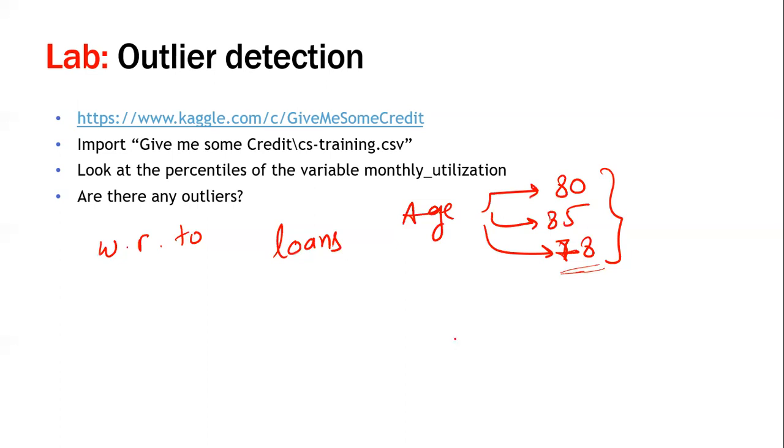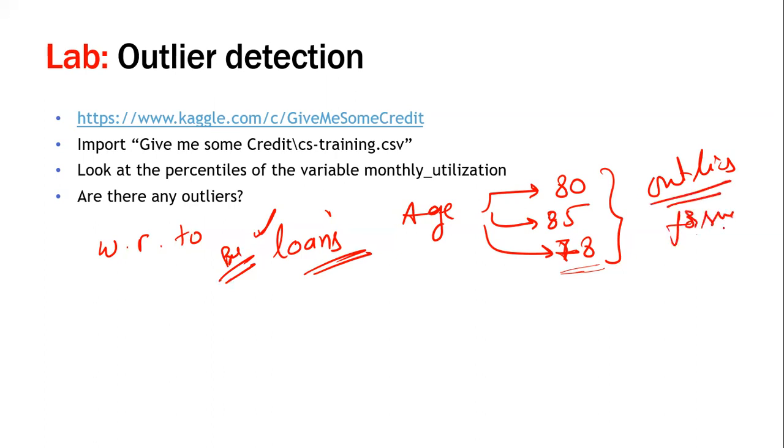Think about it, in a normal financial situation, will any bank give these people loans? No. So ages of 80, 85, 78 are outliers from the loans portfolio context, the business context. If the business is loans portfolio, these are outliers for sure. Agreed or not? Think about it.